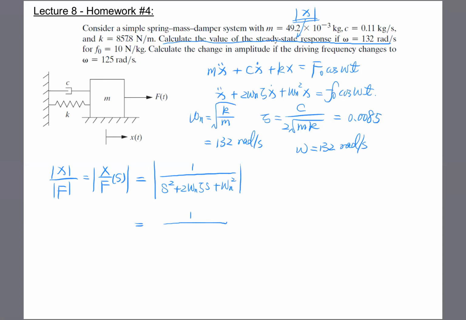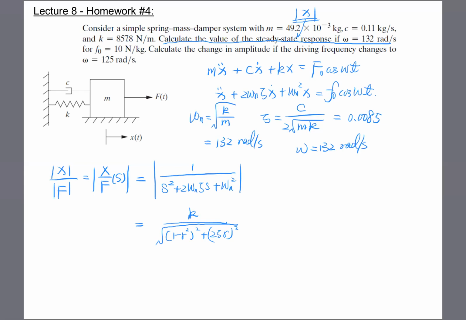And then you can also find another format, which is 1 over the square root of (1 minus R squared) squared plus (2 zeta R) squared. And there's another, okay, you have a K on top. You can find this equation from your next lecture notes.